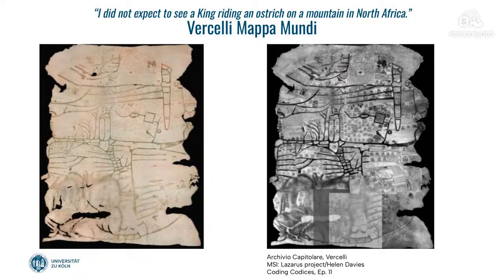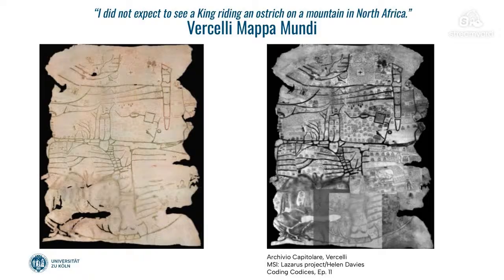Another very nice example of MSI is the Vercelli Mappamundi. It was a PhD project by Helen Davis, and she experimented with the software, and she took the images, and then suddenly a king riding on an ostrich on a mountain in North Africa appeared, which was the biggest surprise.